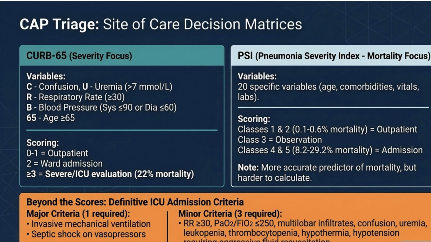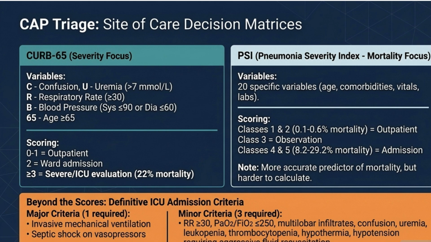Triage is about objective risk assessment. We have the CURB-65 with severity focus and PSI, the Pneumonia Severity Index, with the mortality focus. The CURB-65 score is your rapid severity focus.